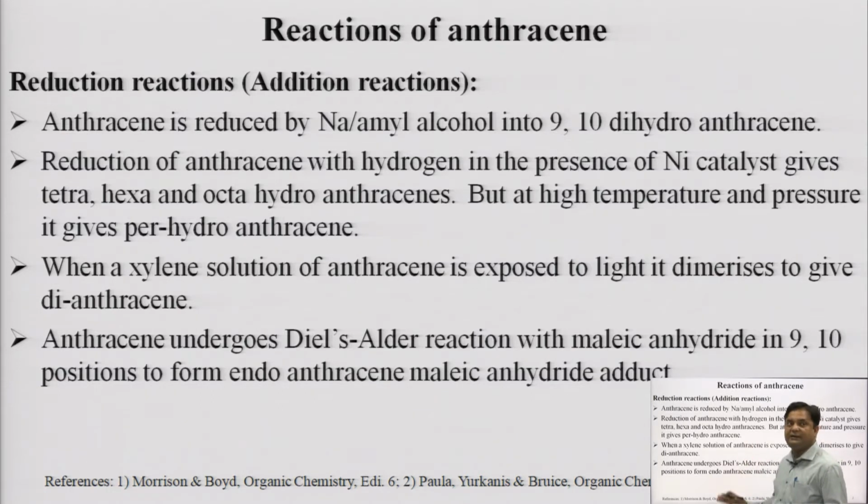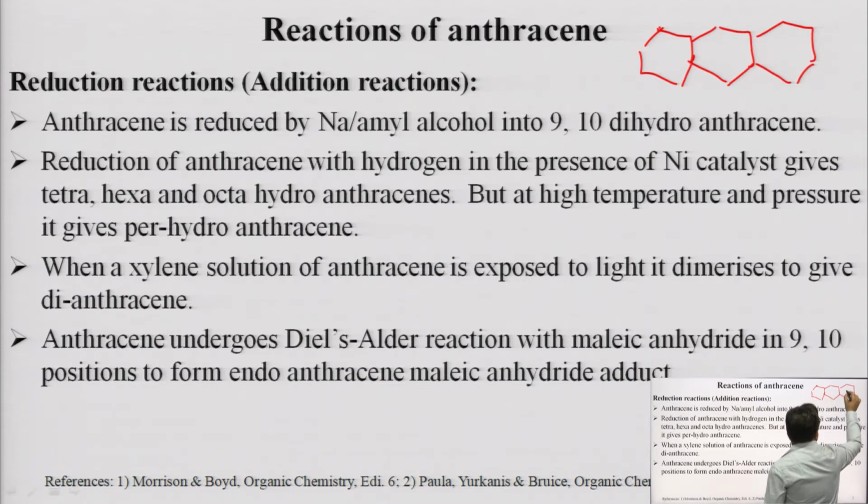As you can see, in the first point we have written that anthracene is reduced by sodium and amyl alcohol into 9,10-dihydroanthracene. We have already discussed the numbering of the anthracene ring: 1, 2, 3, 4, 5, 6, 7, 8, 9 and 10.